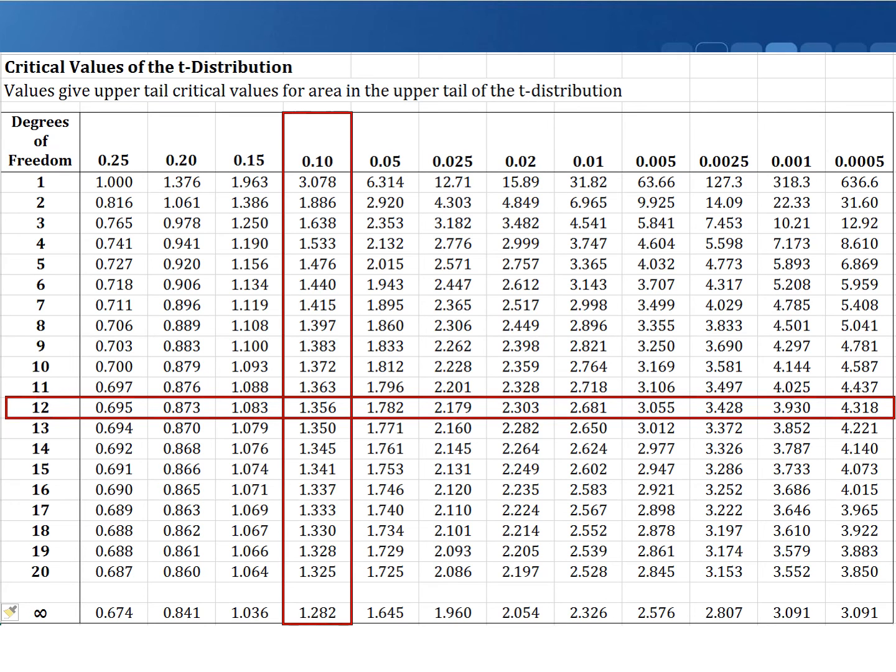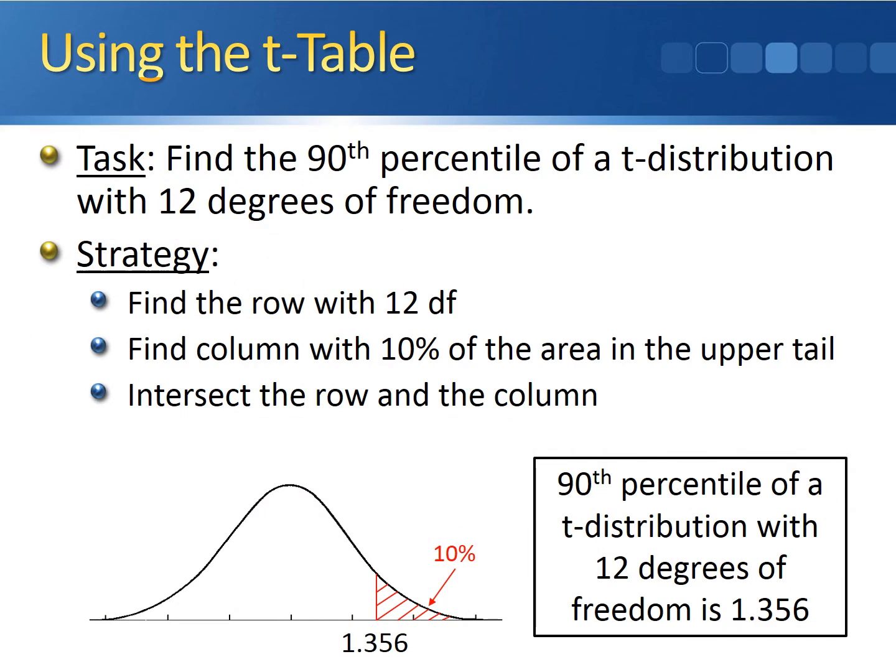They intersect at 1.356. So what this tells us is that the 90th percentile of a t-distribution with 12 degrees of freedom is 1.356. And just to reiterate the fact that the t-distribution is symmetric, this also tells us that the 10th percentile of a t-distribution with 12 degrees of freedom is negative 1.356.